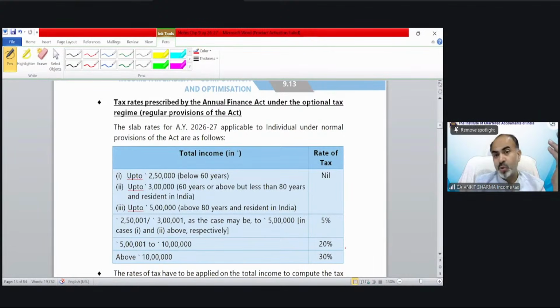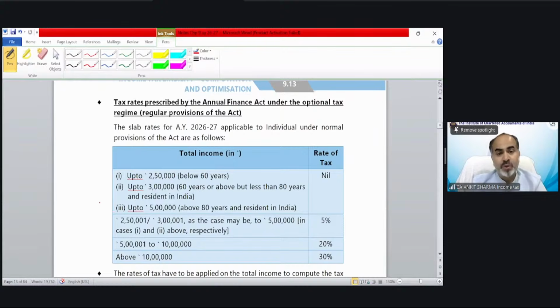In comparison to default tax regime, optional tax regime also has a different basic exemption limit. We have a separate basic exemption limit in case of optional tax regime. In case of default tax regime, the limit is 4 lakh, whether you are a resident, non-resident, age is irrelevant, etc., in case of an individual.